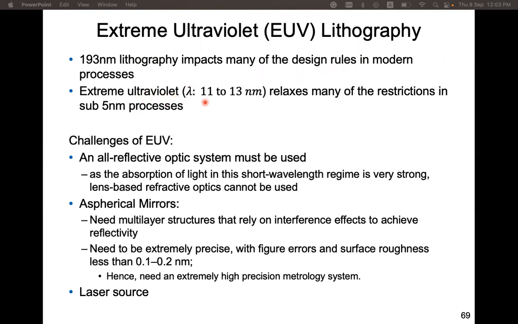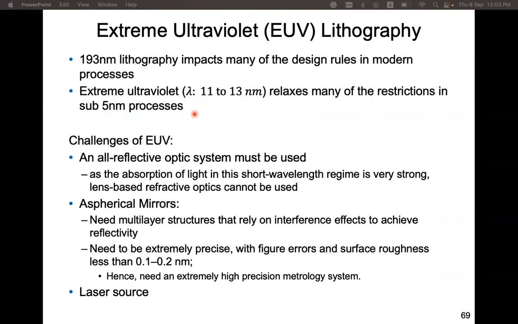If EUV can be applied, then many of the restrictions in the DUV technology can be removed. And this EUV technology is necessary for 5 nanometer or below.